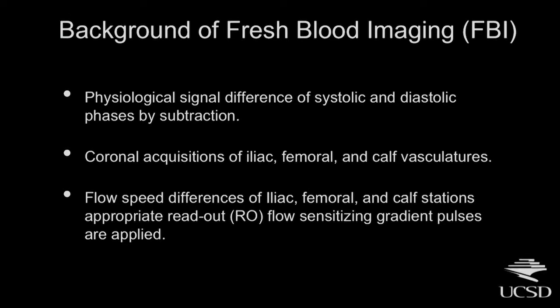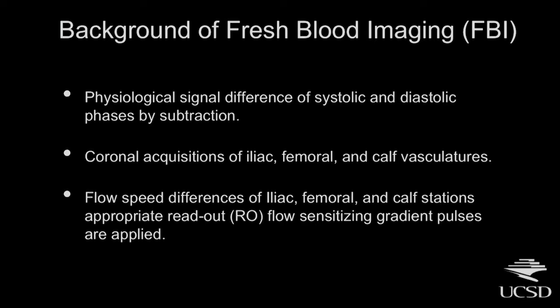Thanks to the first speaker for going over fresh blood imaging. I would like to mention a little about the background of fresh blood imaging, which uses the physiological signal difference of systolic and diastolic phase for subtraction, and coronal acquisition, unlike time of flight, so that the body is shorter in the superior to inferior direction, and slice encoding is smaller compared to time of flight.